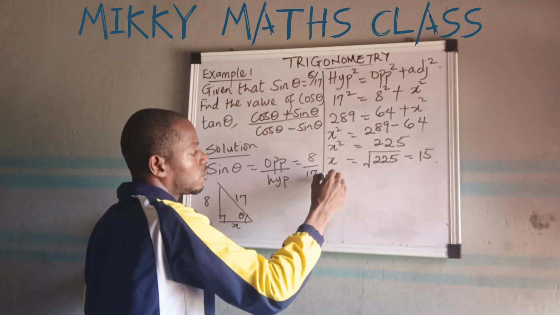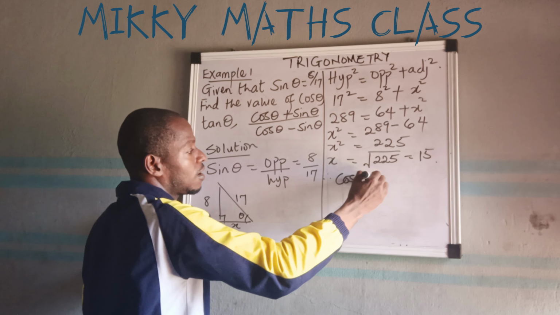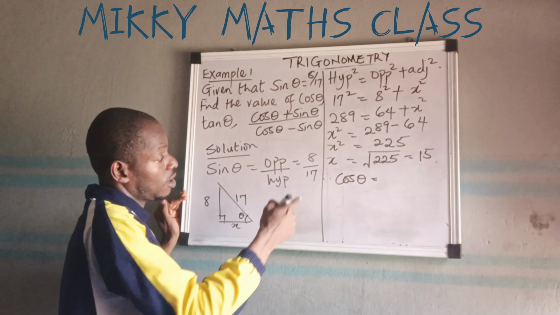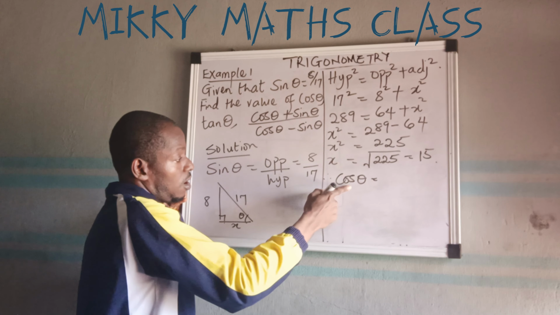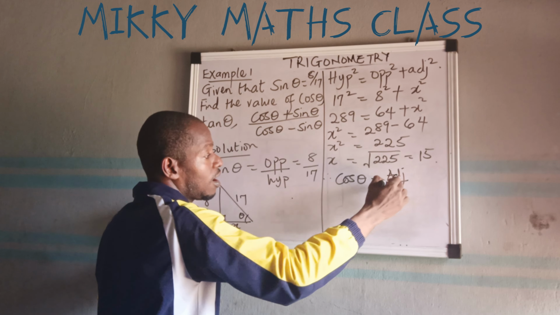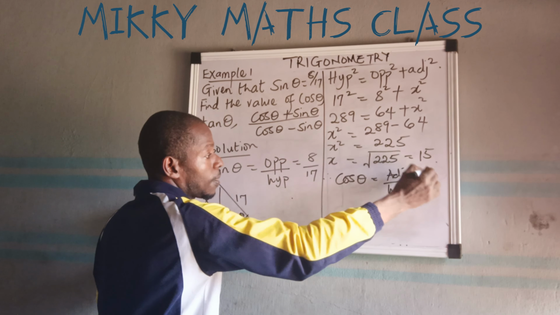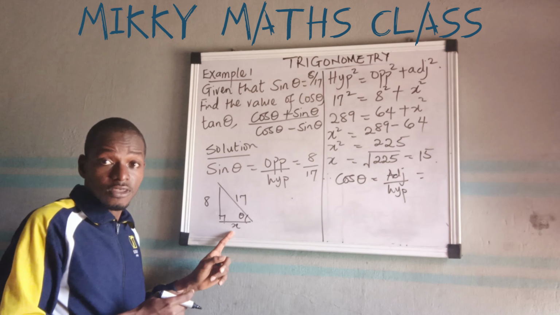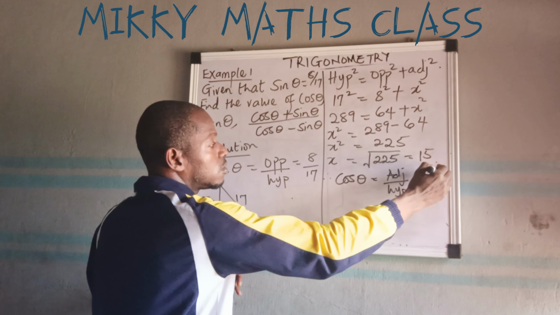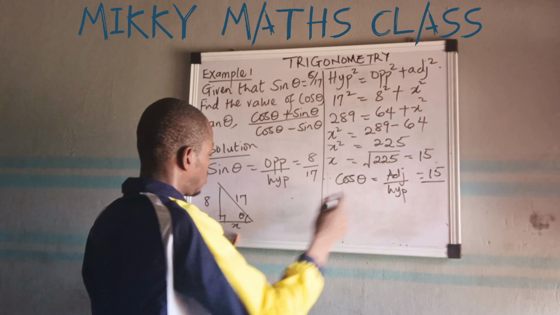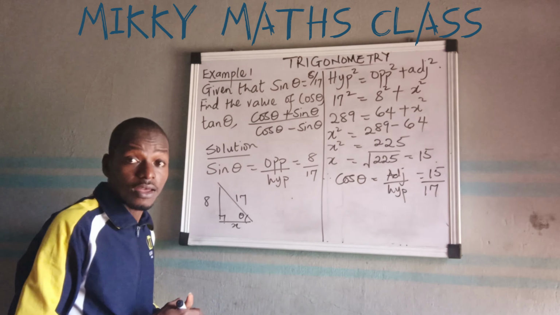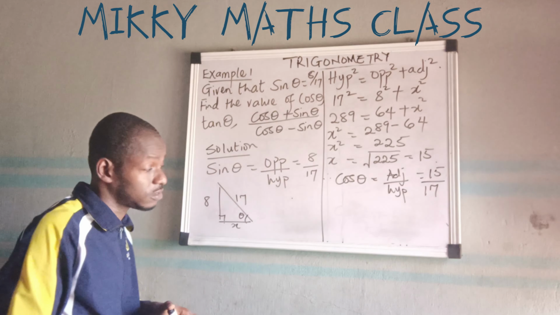Therefore, our cos theta, cosine theta, is equal to, from our trig ratio, cosine is adjacent over hypotenuse. Now, we have gotten our adjacent as 15, so this is 15 over our hypotenuse, 17. So cos theta is 15 over 17.